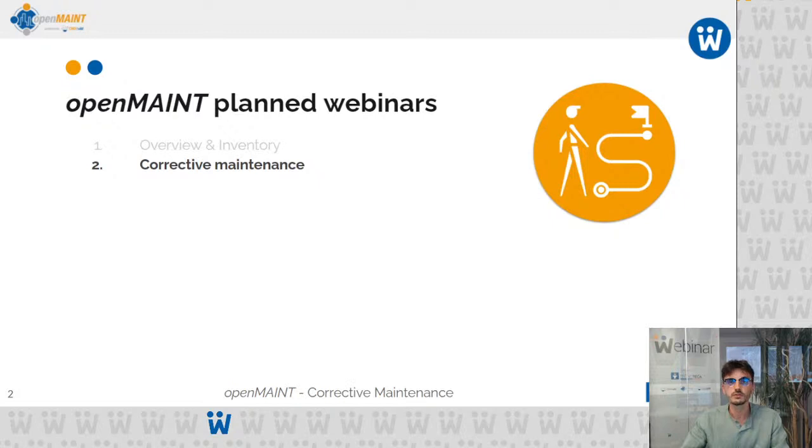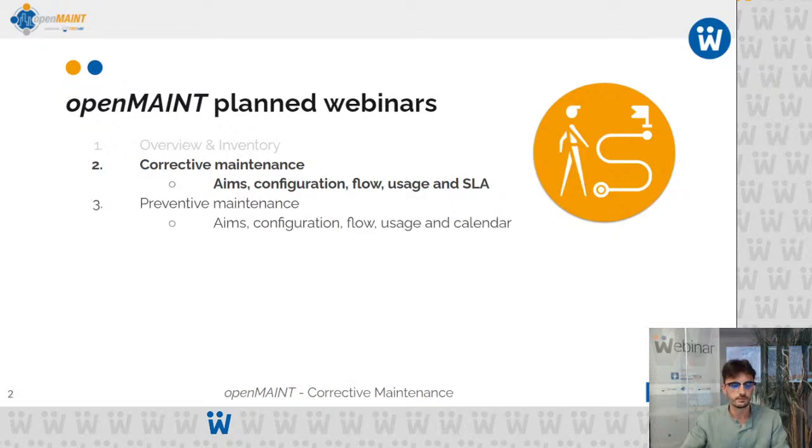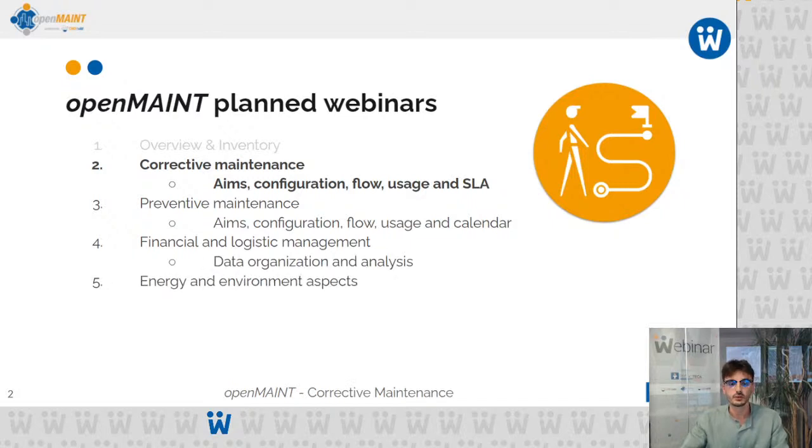Today's argument will focus on the Corrective Maintenance Module, while the next one will tackle the following arguments: preventive maintenance, financial and logistic management, energy and environment aspects, and GIS and BIM tools. We are very excited for what's coming ahead, and we really hope you follow us along the way.